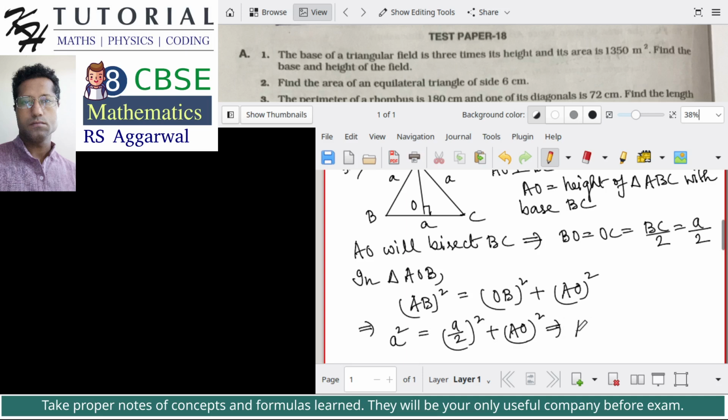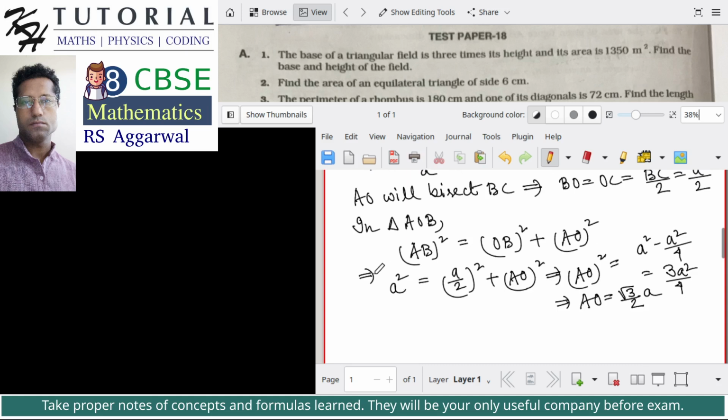This will imply that AO square will be equal to A square minus A square by 4, which is 3A square by 4. So this implies AO will be square root of 3 divided by 2A. So the altitude of an equilateral triangle where each side length is A is root over 3 by 2A.